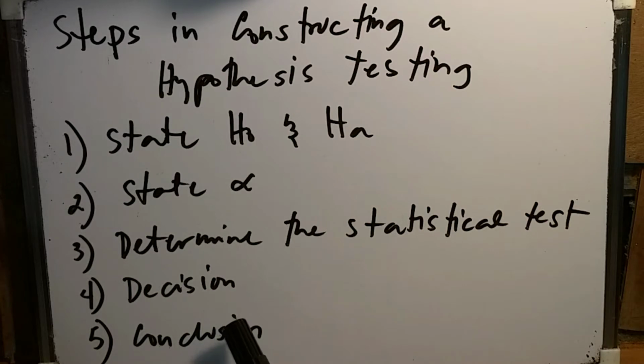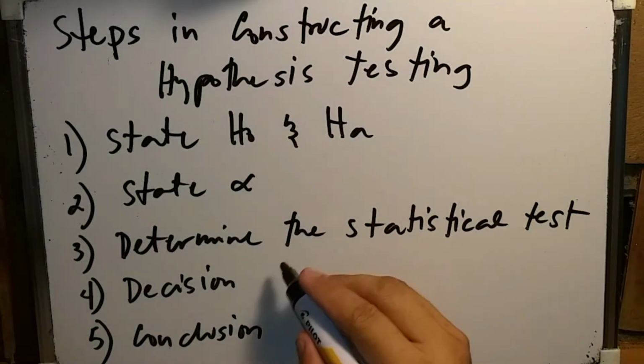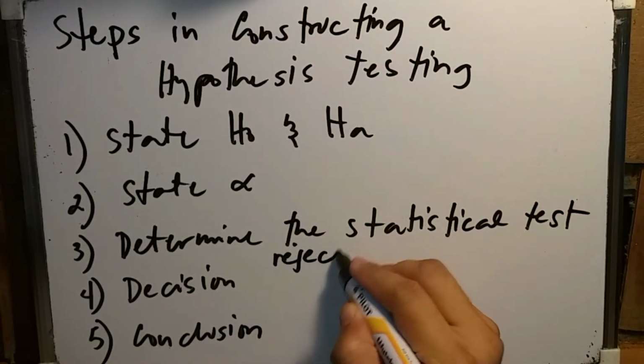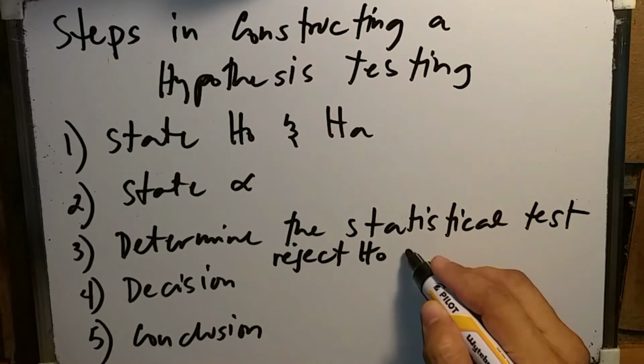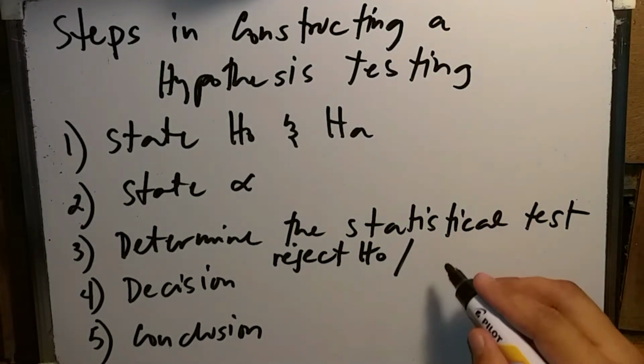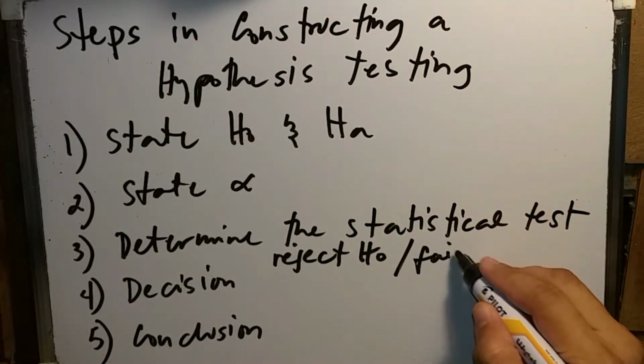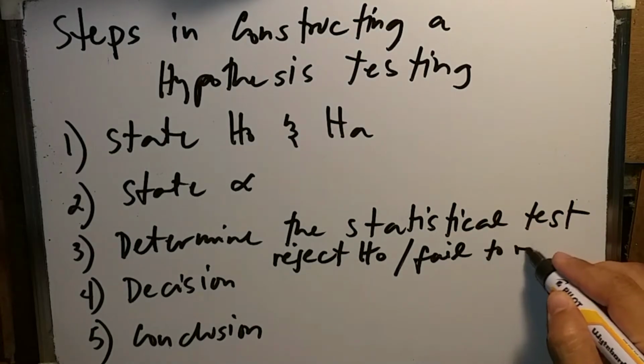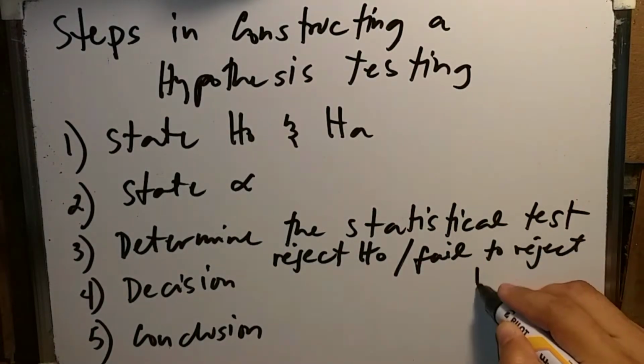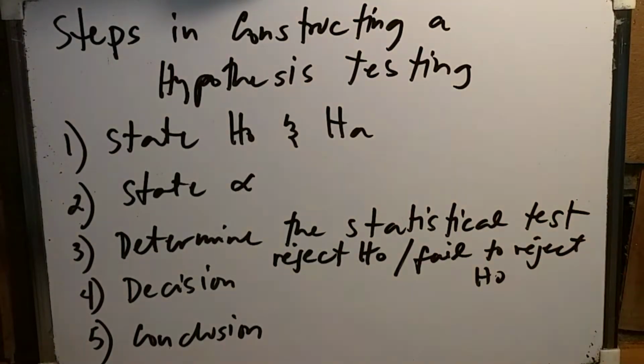Then for number 4, the decision. For the decision, we have two main decisions. The first one is to reject H naught, and the second one is to fail to reject H naught.